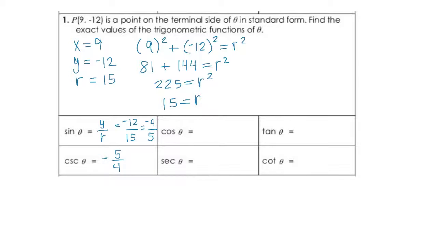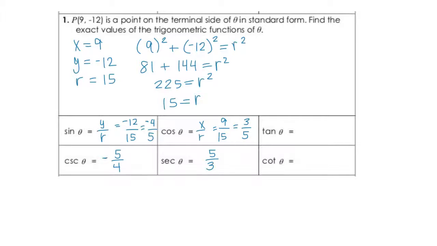And we're going to do the same thing for cosine. Cosine, we are told now that it's x over r. So our x value is going to be 9. So I have 9 over 15. And then if I reduce that, that's going to give me 3 over 5. So I know secant is 5/3. And then the same for tangent.